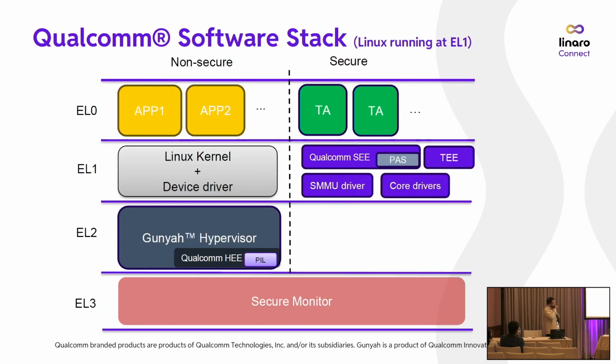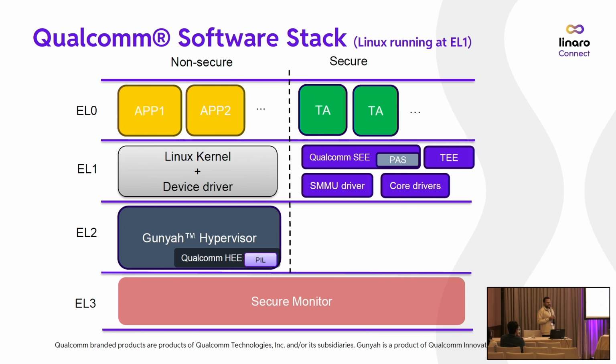This is how the Qualcomm ARM64 software stack looks, where apps are running at EL0, on the non-secure side and the secure side. Both sides have apps: secure apps, the trusted apps, and on this side non-secure apps, app1, app2. Then there is the Linux kernel and drivers. Then there is Gunyah, which is now in open source.